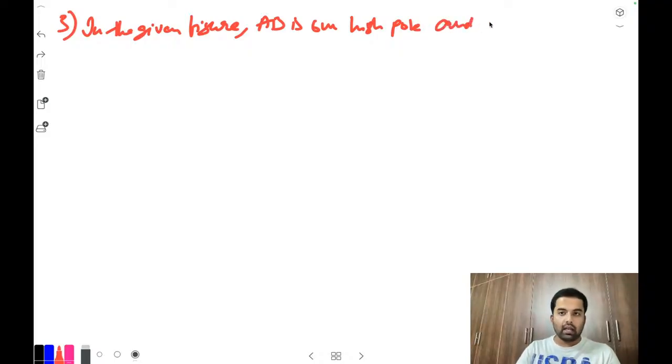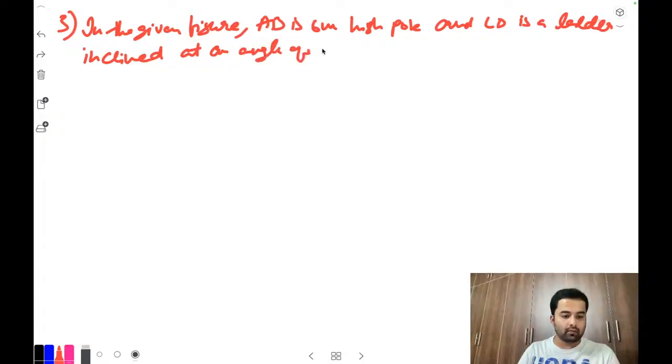And CD is a ladder. CD is a ladder here, inclined at an angle of 60 degree.